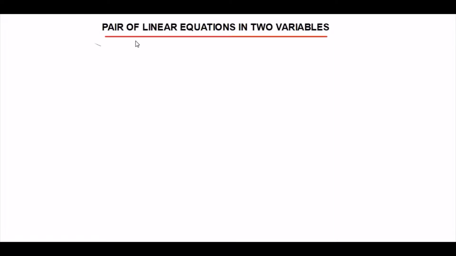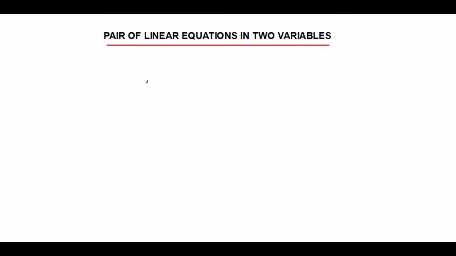In this chapter, we will be dealing with a pair of linear equations in two variables. So till now you have learned what a linear equation in one variable is and a linear equation in two variables. Now we are going to see a pair of linear equations. Pair means two. That is, a1x plus b1y plus c1 equal to 0 and a2x plus b2y plus c2 equal to 0.